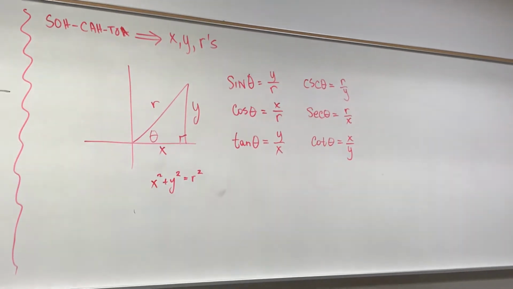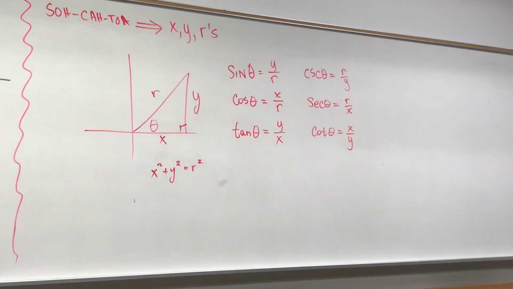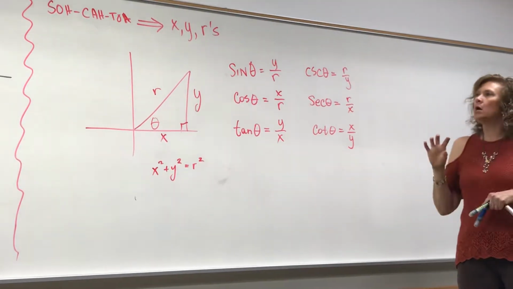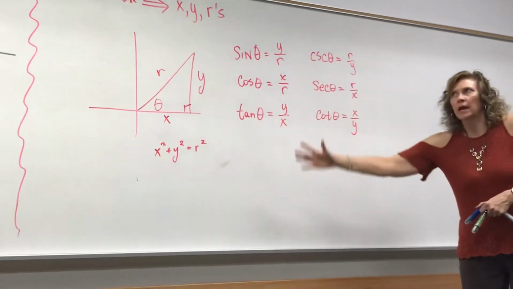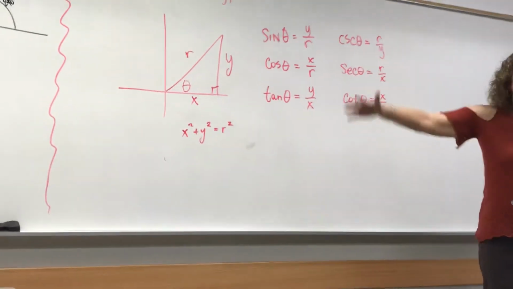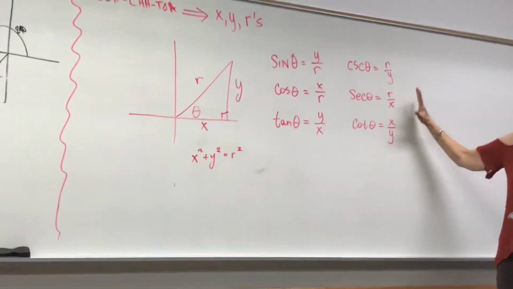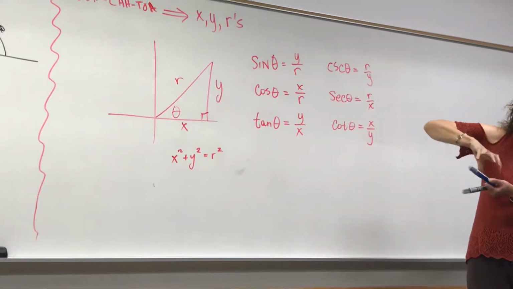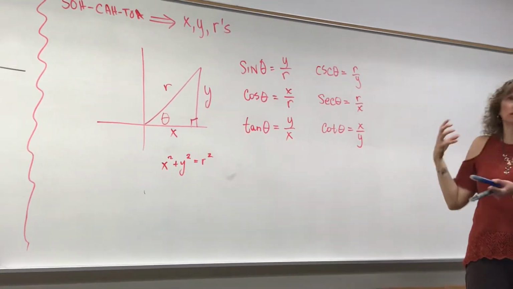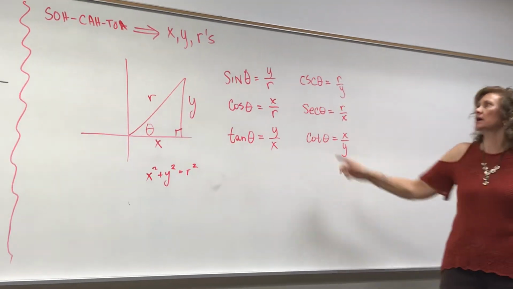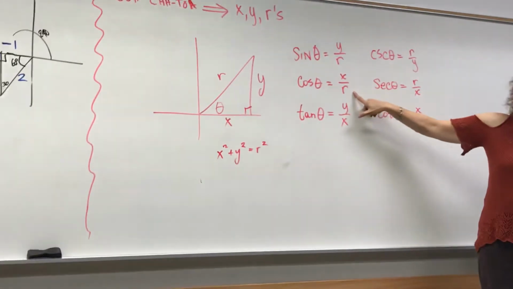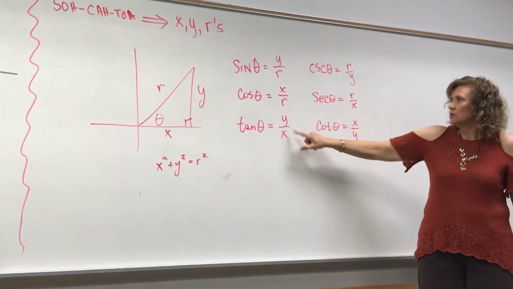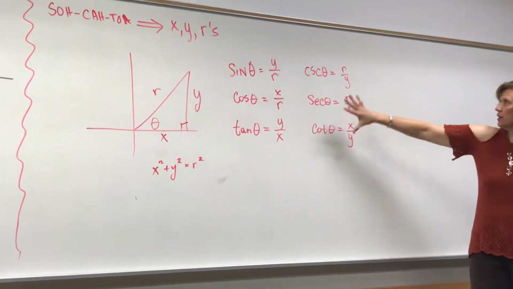So a lot of the logical thought process of the rest of the course can boil down to these relationships. So we want to get away from SOHCAHTOA and embrace sine is y over r, cosine x over r, tangent y over x, and then the reciprocals.